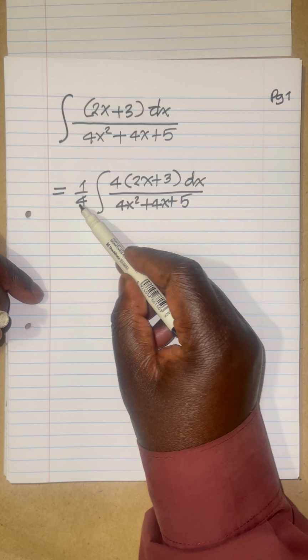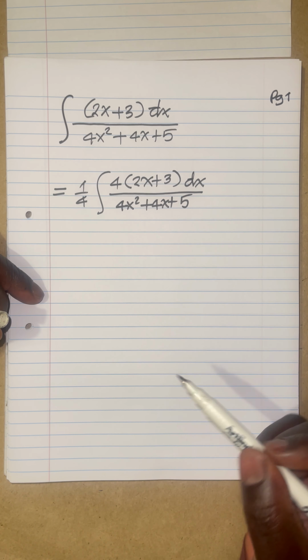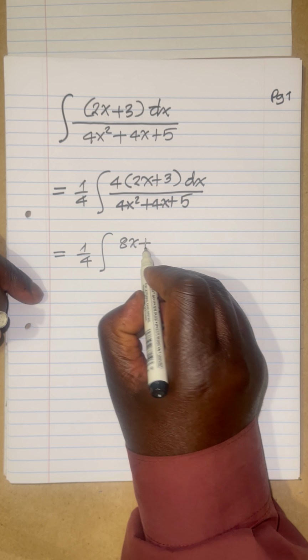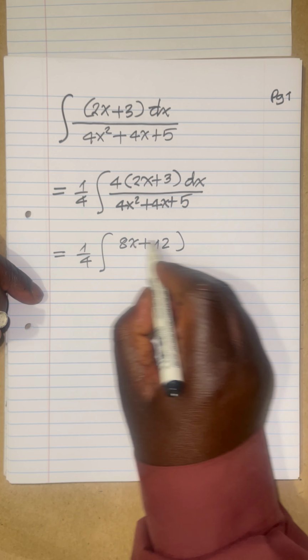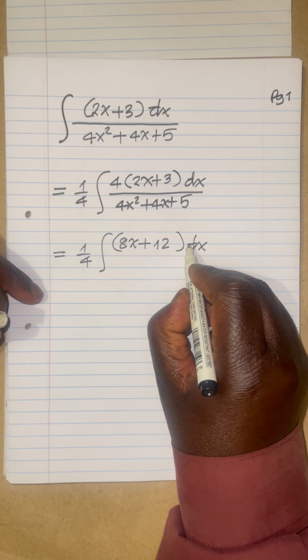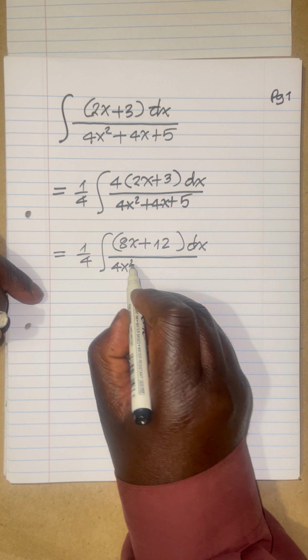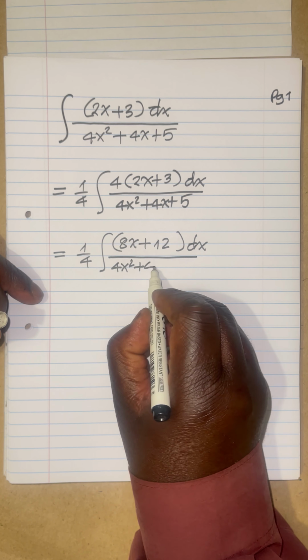Now notice that these 4's can cancel. You're back to the original integral, but I'm going to have to expand in the numerator there. So we have 1/4 times the integral of 8x plus 12 dx all over 4x squared plus 4x plus 5. Now notice something here.